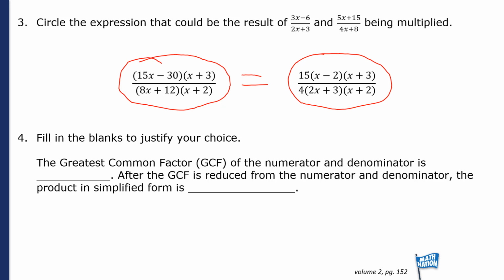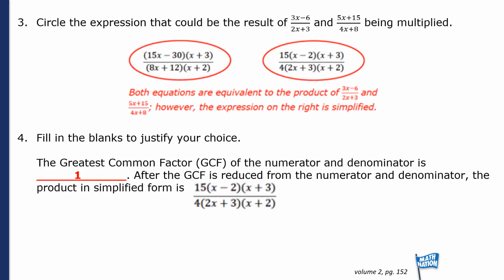Okay, so let's fill in the blanks to justify our choice. The greatest common factor, GCF, of the numerator and denominator, that would be 1. After the GCF is reduced from the numerator and denominator, the product in simplified form is, here it is, 15 times x minus 2 times x plus 3 over 4 times 2x plus 3 times x plus 2.